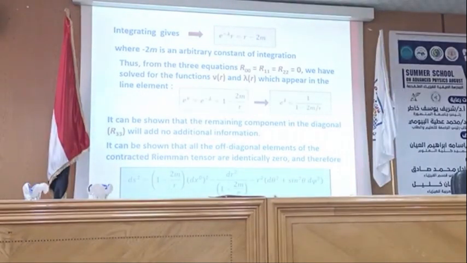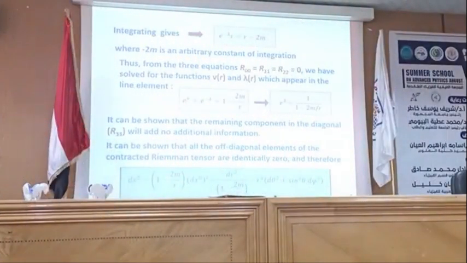Now I know e to the lambda, I know e to the nu. So I can write down the line element, which is the complete solution in free space.